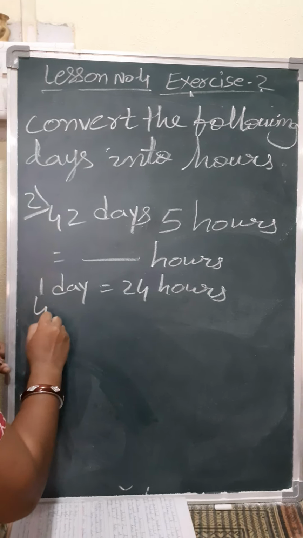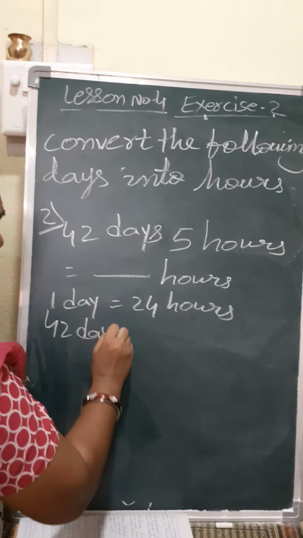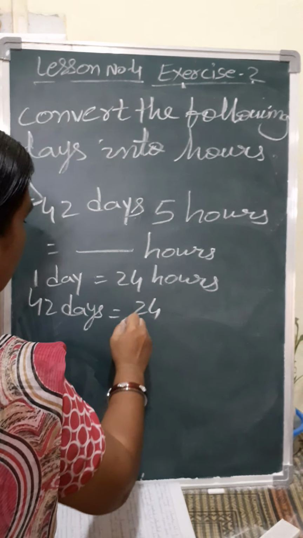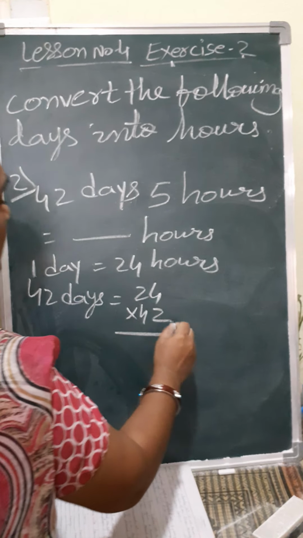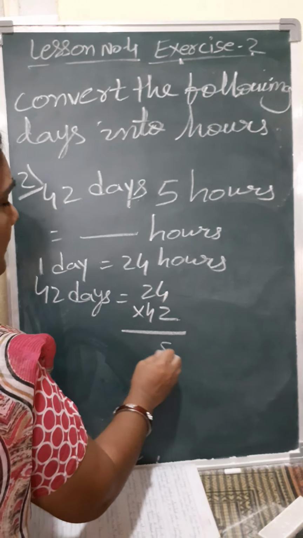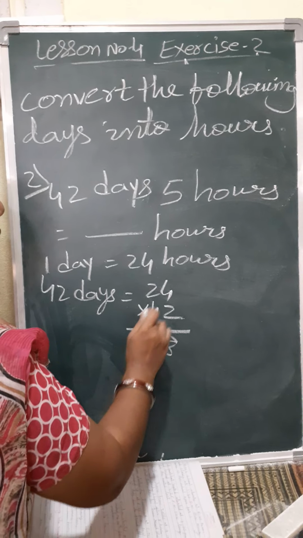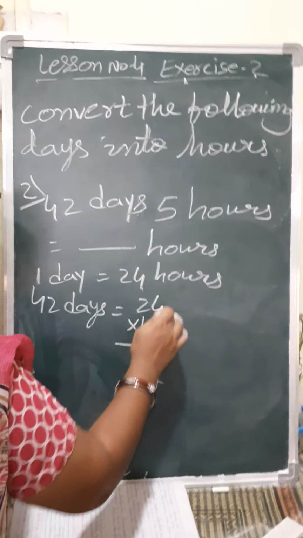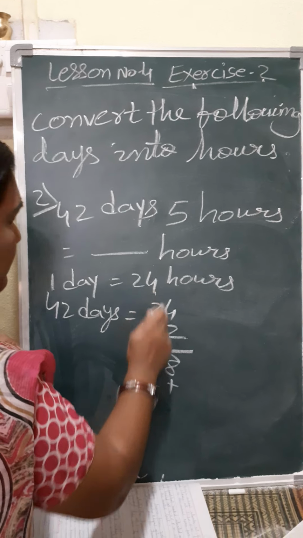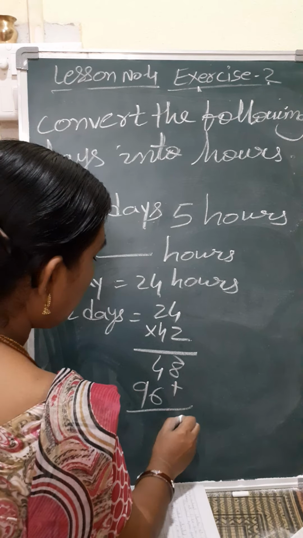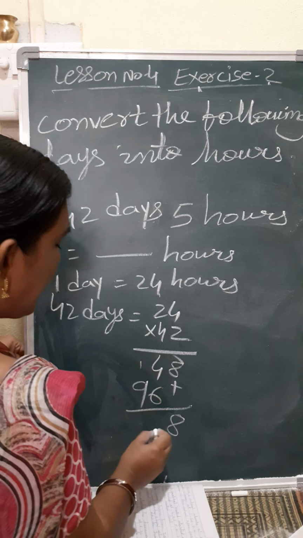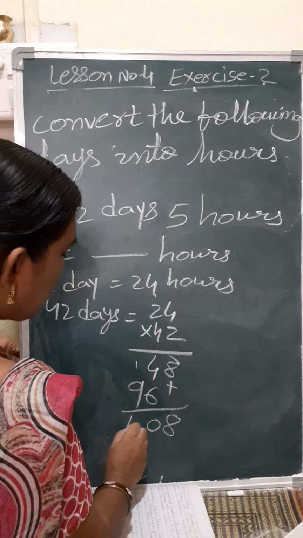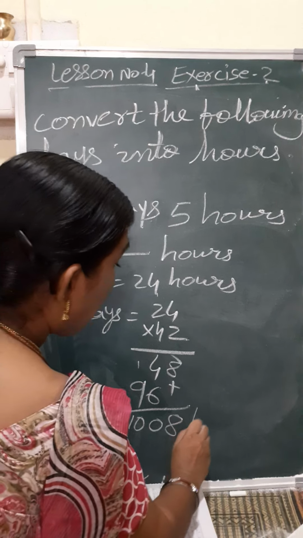So 42 days equal 24 multiplied by 42. 2 4s are 8, 2 2s are 4, 4 4s are 16, 4 2s are 8, plus 1 is 9. 8, 6 plus 4, 10, 9 plus 1, 10.